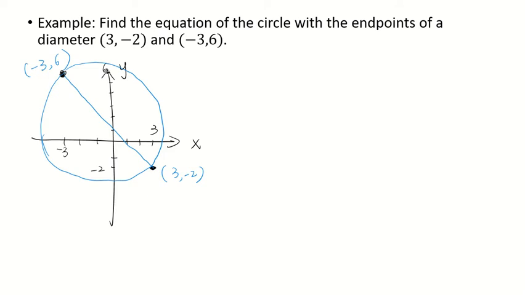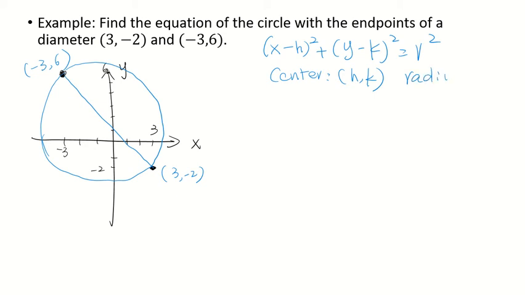And again, we know to find the equation of a circle, we need to write it in the standard form (x - h)^2 + (y - k)^2 = r^2, with the center at (h, k) and the radius being r.